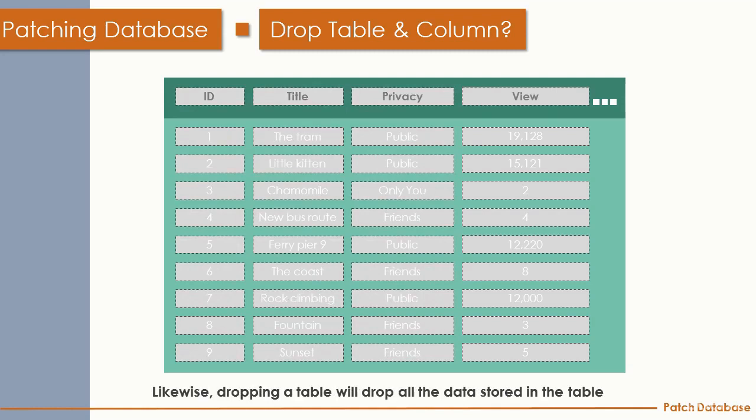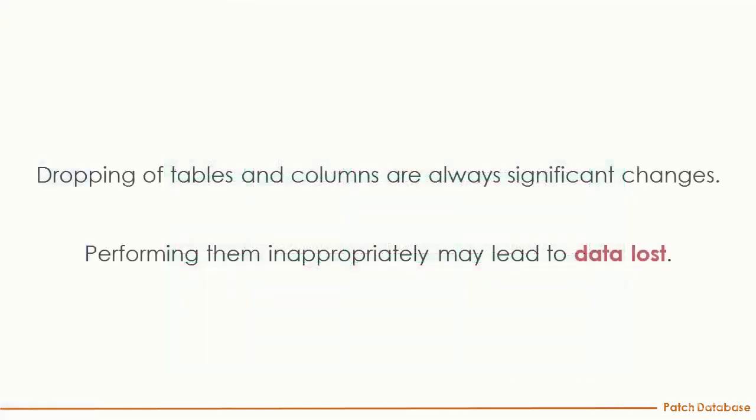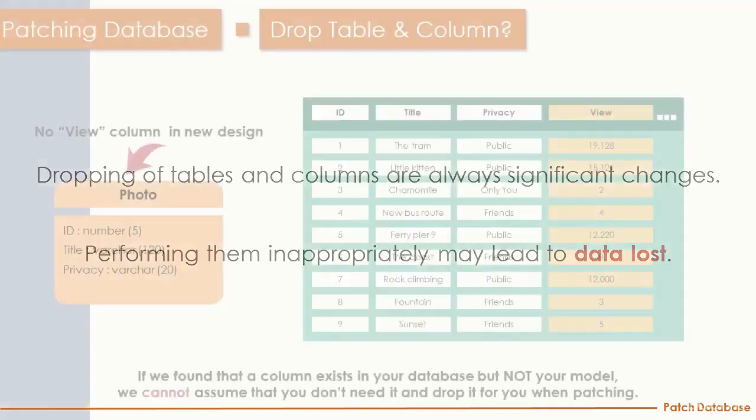If you drop a table, it drops all the columns and all the data will be erased from your database. Dropping a table or a column is usually a very significant change. If you do it inappropriately, you may cause irreversible data loss.